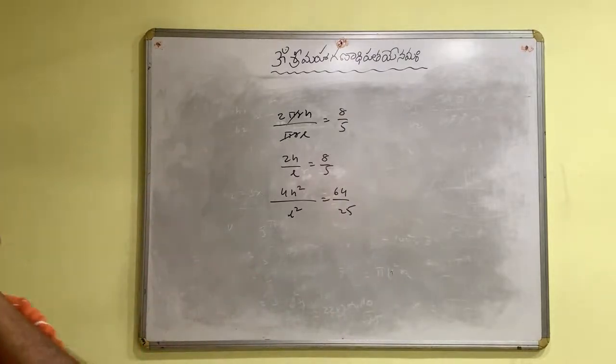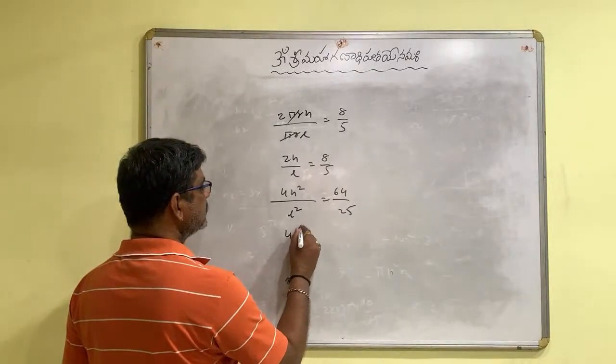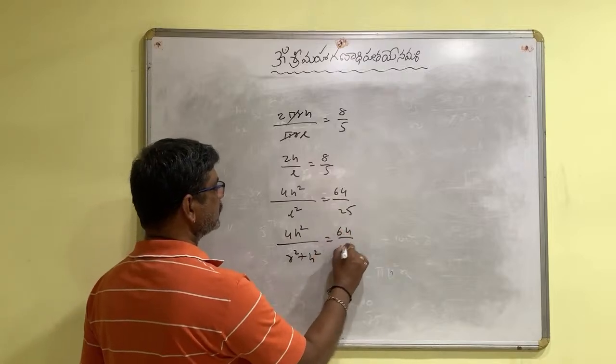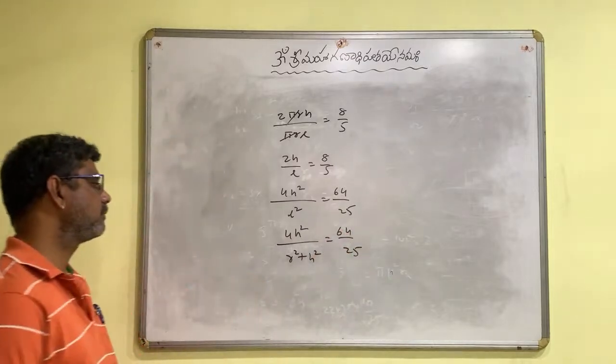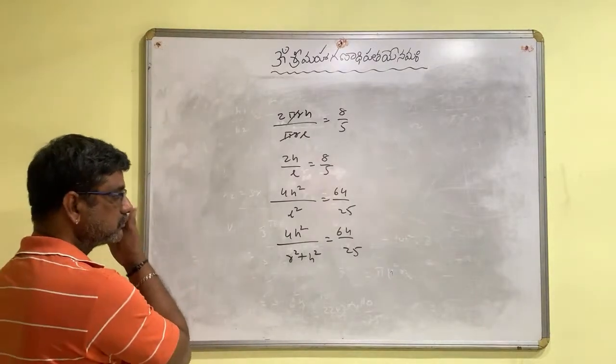What is L square? 4h square by R square plus h square is equal to 64/25. Now simplify from this. 4 sixteens are 64. So h square by R square plus h square is equal to 16/25.